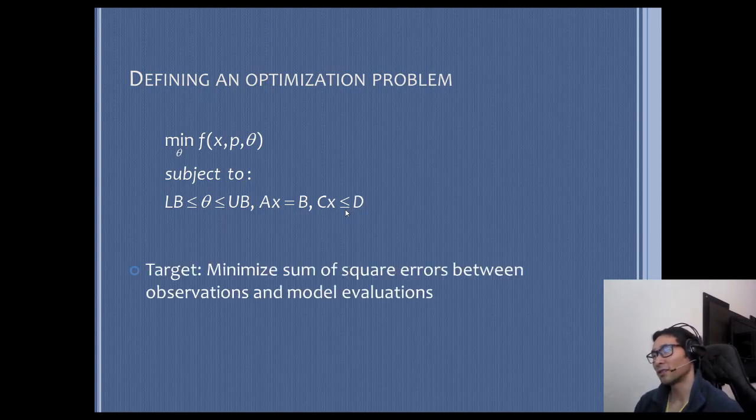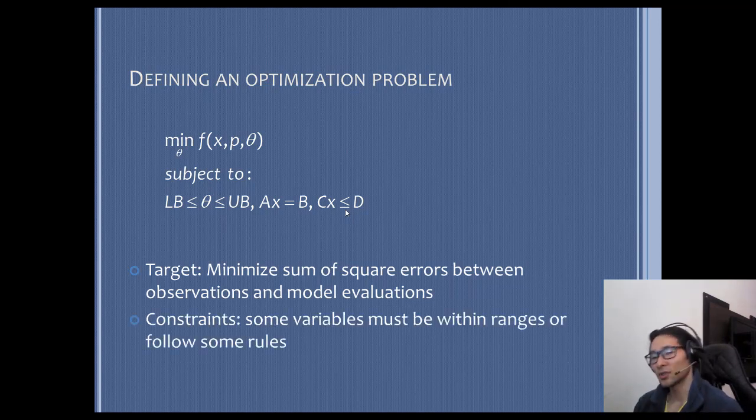So the target of an optimization problem is to minimize a function. I wrote here that the target is to minimize the sum of square errors between observations and model evaluations. So this is the target we use in our model. The constraints affect the independent variables of the problem and also the parameters.